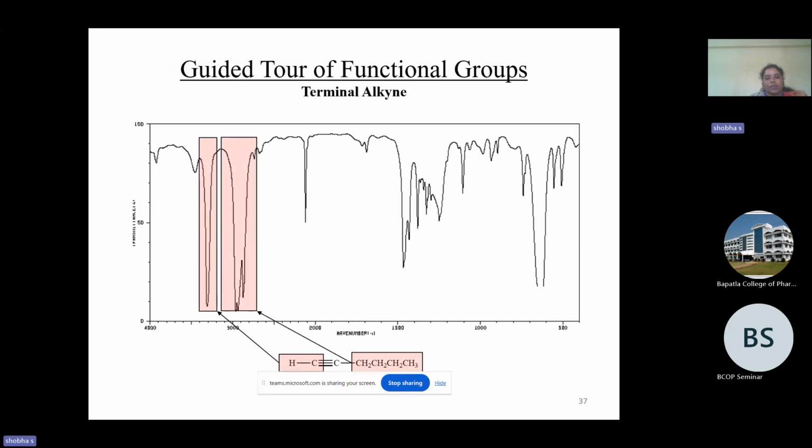And in the 3000 zone, we see the sp3 hybridized carbon. And I told you the third zone lies between 2300 to 2000, where we see the triple bond, especially alkynes as well as cyanide, that is nothing but the nitrile group. So this ends the compound analysis.